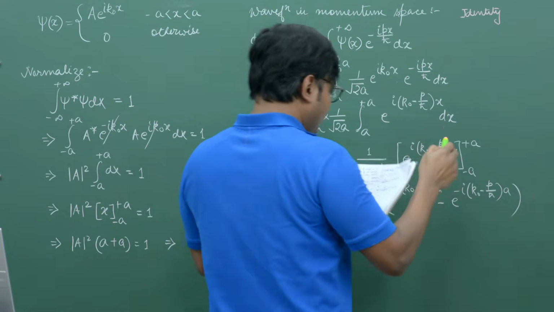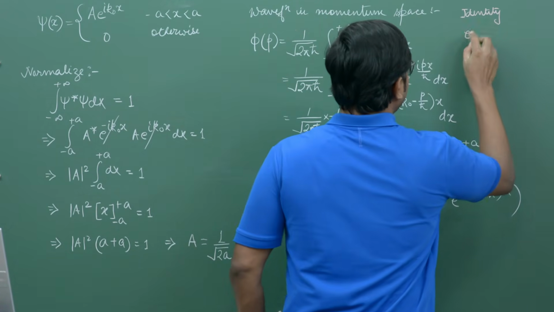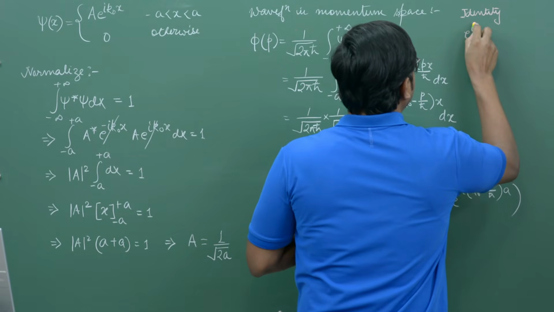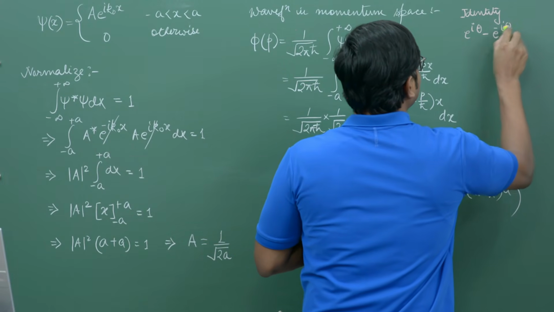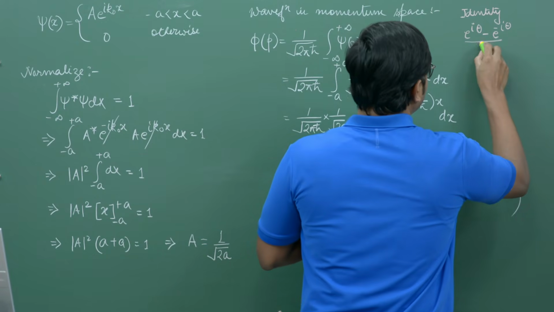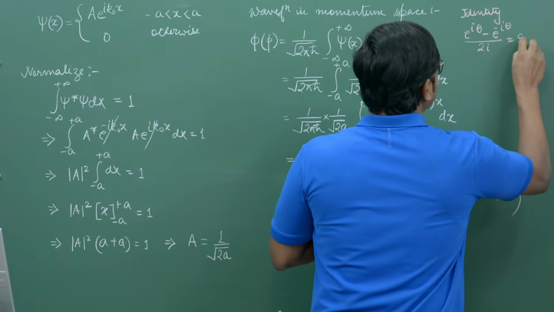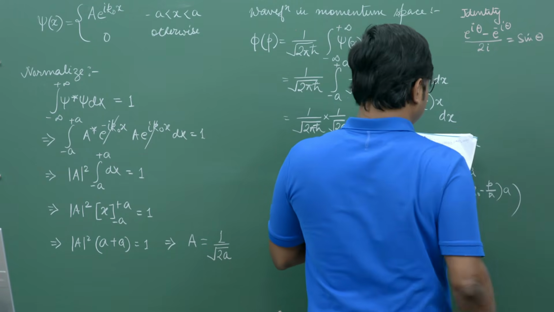The identity that we can use is e to the power iota theta minus e to the power minus iota theta, upon 2 iota, is essentially equal to sine theta.